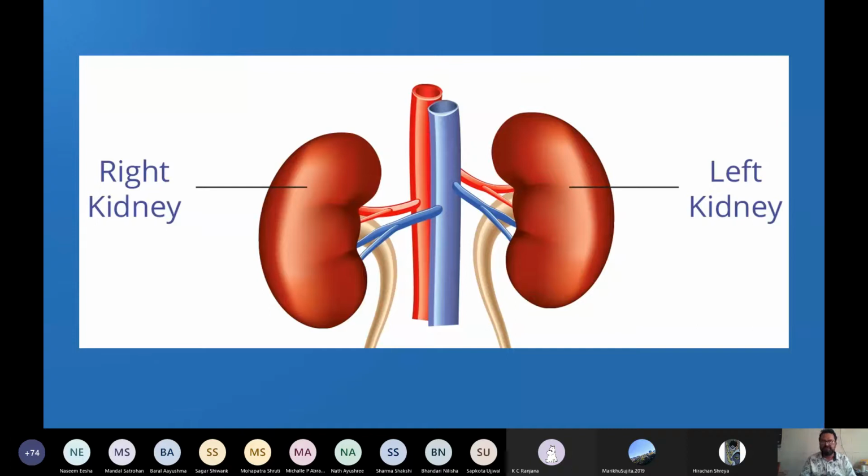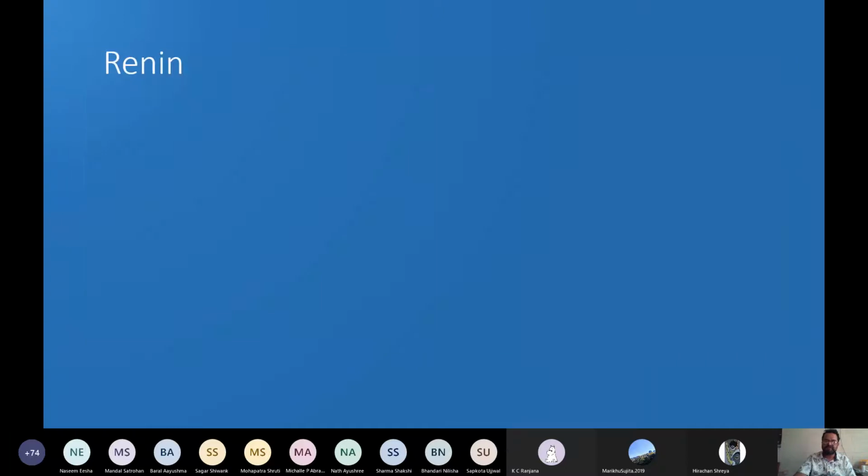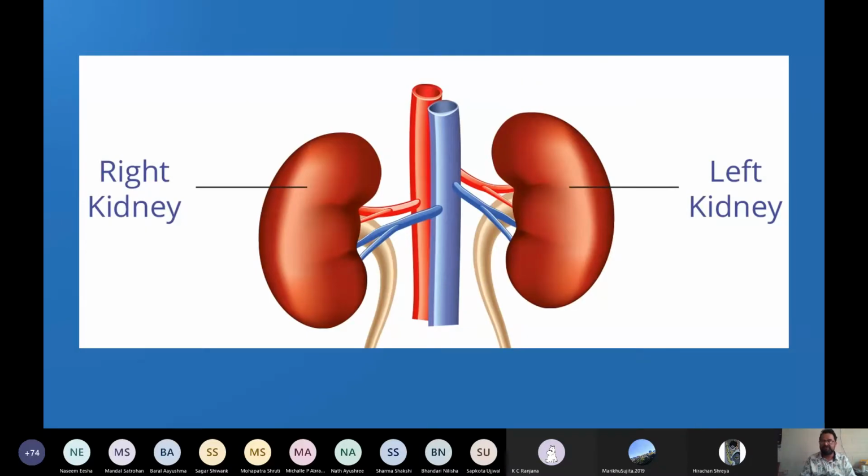So the kidney has a system. It was known long back that kidneys somehow regulate the BP, but they didn't know what exactly the mechanism was, how it does it. So early human beings tried to take juice out of it. In the early days of medicine, most of the juices came from organs like the thyroid gland, T3, T4, and corticosteroid from the adrenal glands.